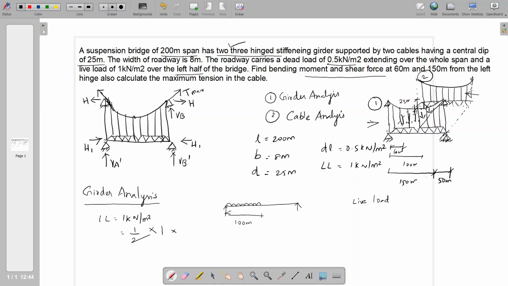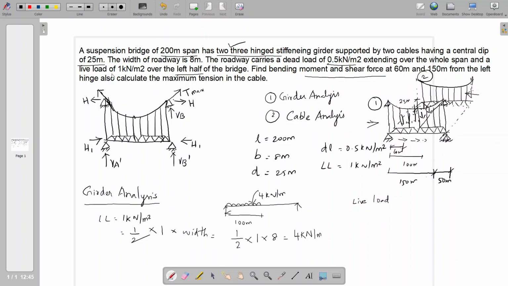We need the load per meter length of the run, so multiplied with the width of the road. So half into 1 into width 8. So the UDL is 4 kilonewton per meter.